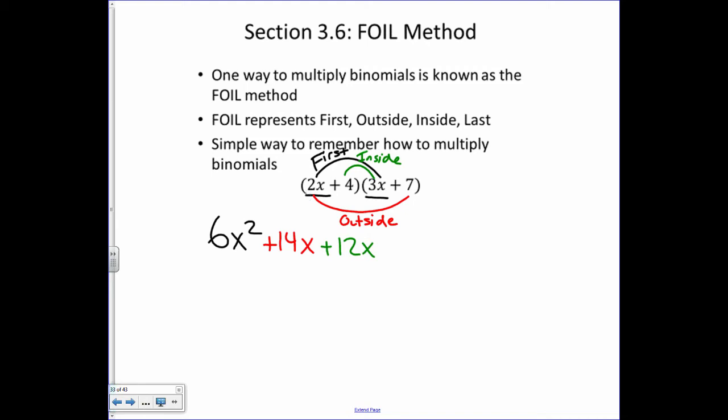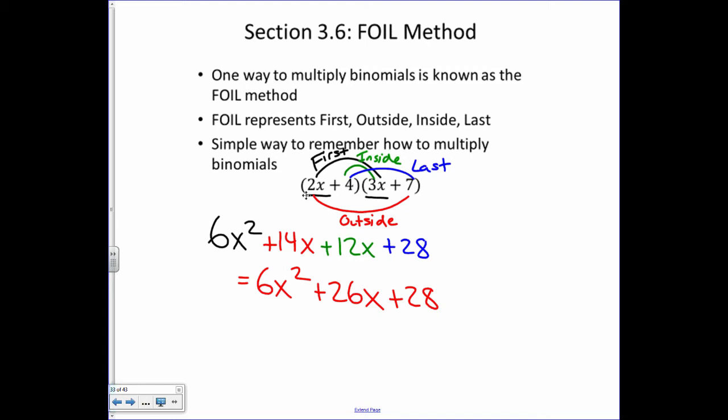And then finally, we want to do the last two terms of the binomials. 4 times 7 is plus 28. And so finally, just adding like terms, 14x plus 12x will give you plus 26x plus 28.